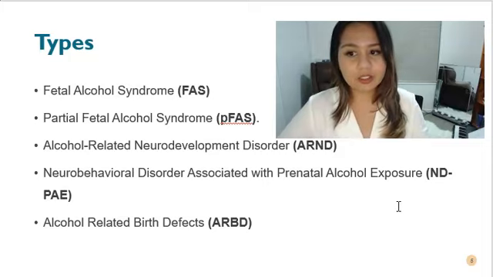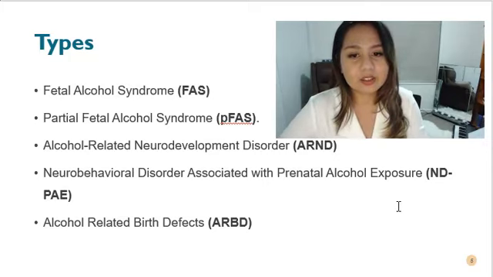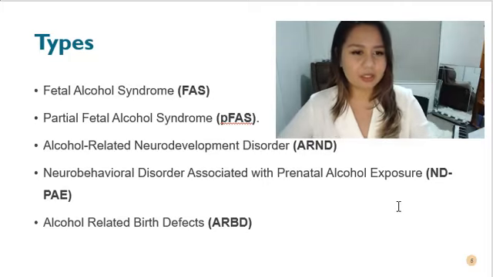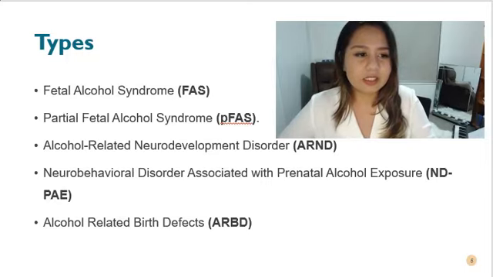So fetal alcohol syndrome is the most severe form of FASD. These individuals are diagnosed with fetal alcohol syndrome and will have noticeably abnormal facial features. They will have learning and intellectual disabilities and a range of behavioral issues.